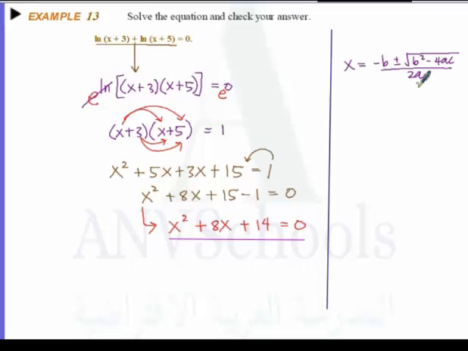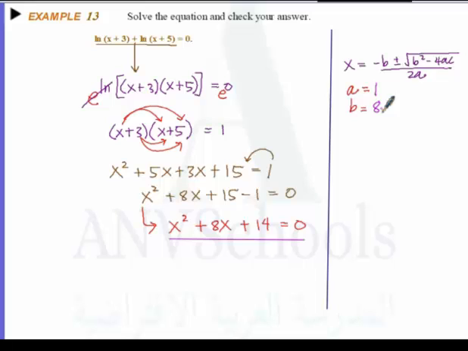My a is equal to 8, right? It's not 8. What's wrong? Okay, so it's 1. My b is 8.